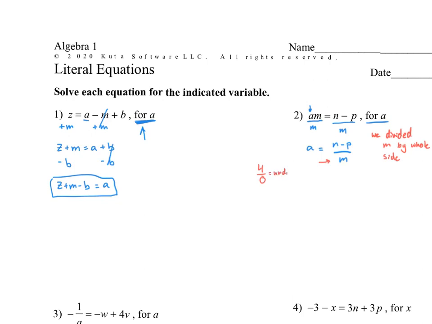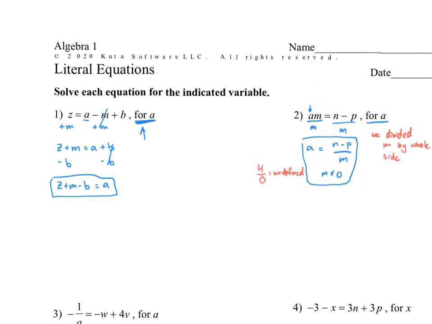So whenever you have a variable in the denominator, you cannot have that variable be 0. In addition to your answer, you also need to put that m cannot be 0, to make sure that the fraction still works. So this whole thing would be your answer.